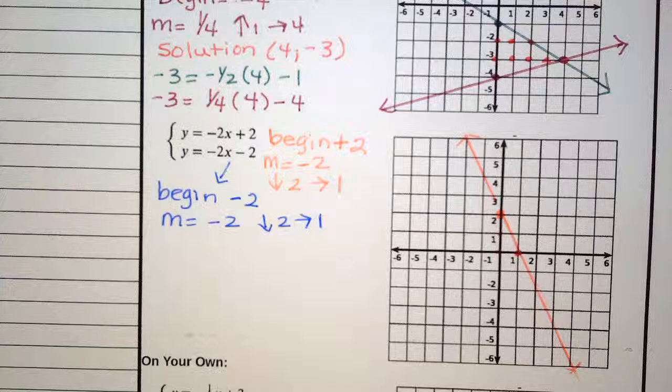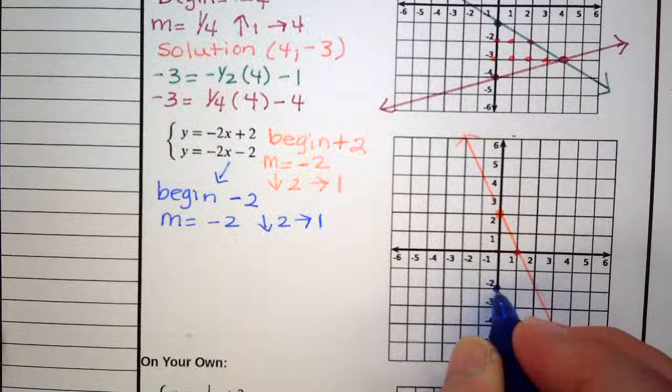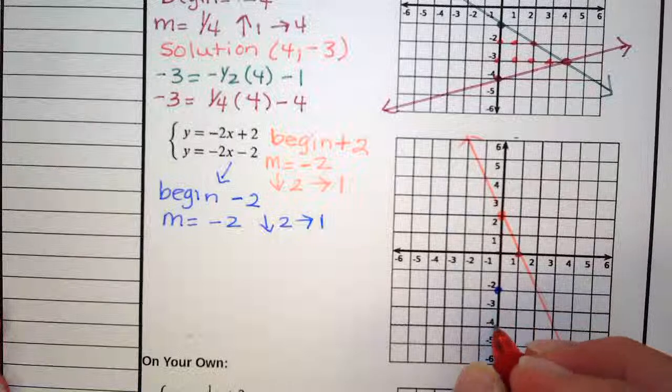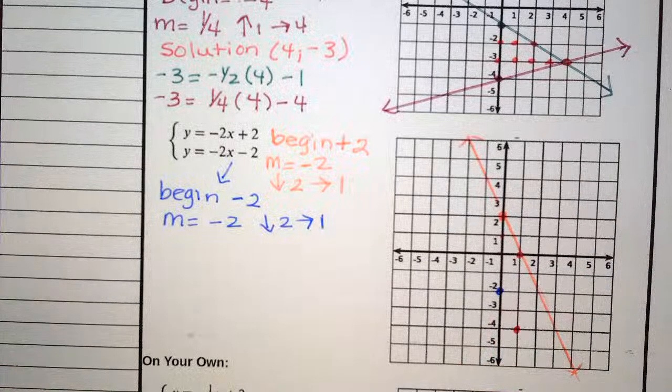Do you see any similarities between the two of them? They both have the same slope. That means they're going in the same direction. Think about what that means. Here's -2. I'm going to go down 1, 2, and right 1. Here's my second point.